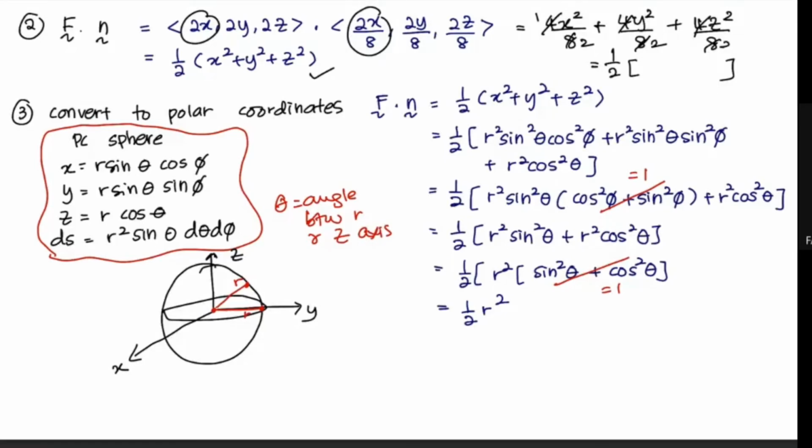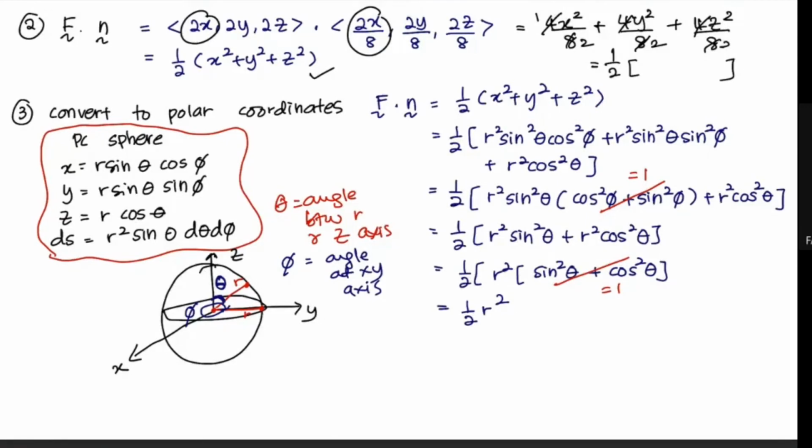This one you must know because we want to determine the limit later. So this is theta. Phi is equal to the angle at the xy plane. Okay, this is phi.